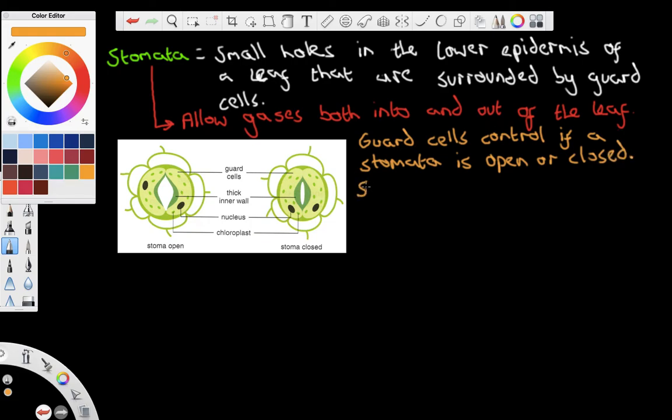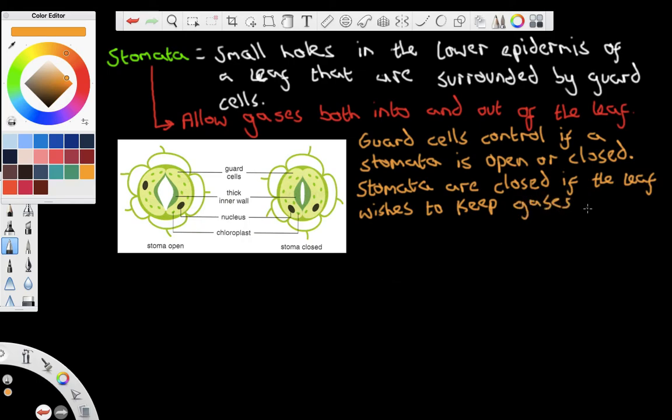We can say that stomata are closed if the leaf wishes to keep gases and water inside. Now that's an important point that a lot of people seem to forget. Water can also escape through the stomata.